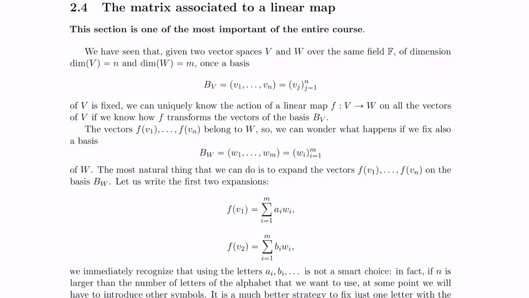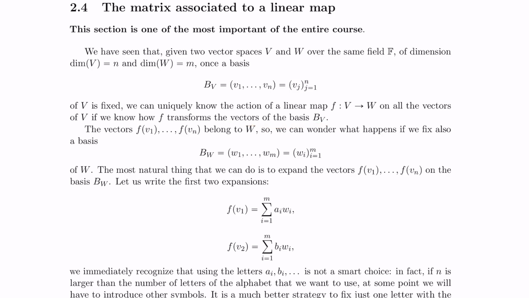As always, we consider two vector spaces V and W over the same vector field F with dimension n and m respectively, and we fix a basis BV with vectors V1, ..., Vn of the vector space V. As we have seen in the previous section, we can uniquely determine the action of a linear map F between V and W if we know how F acts on the vectors of the basis BV.